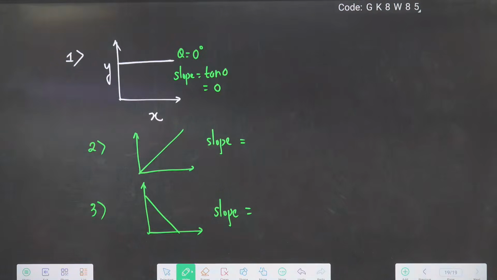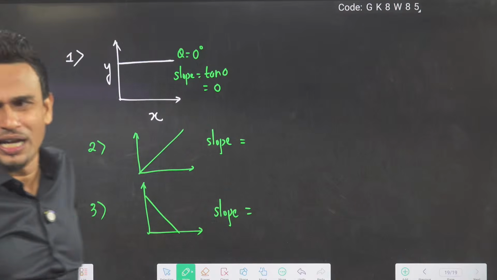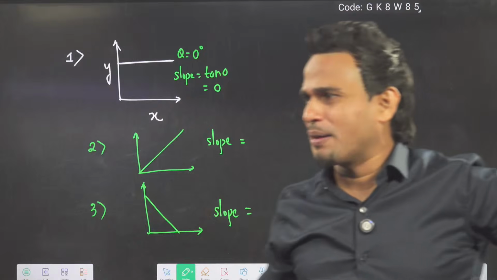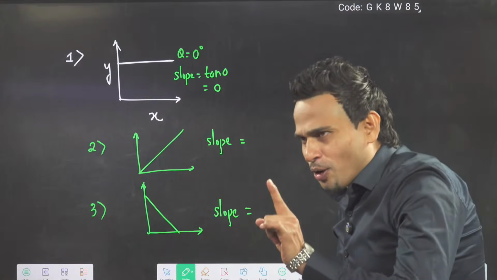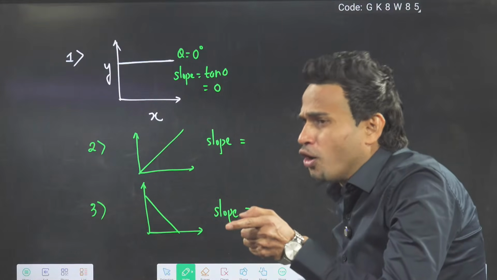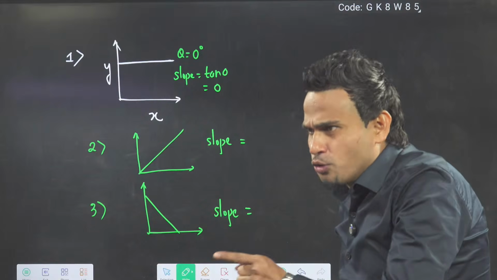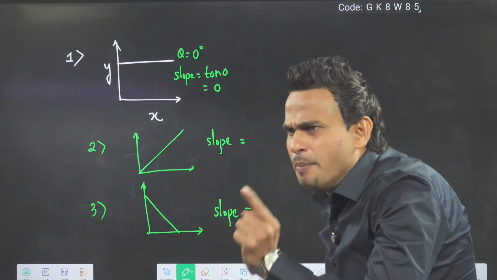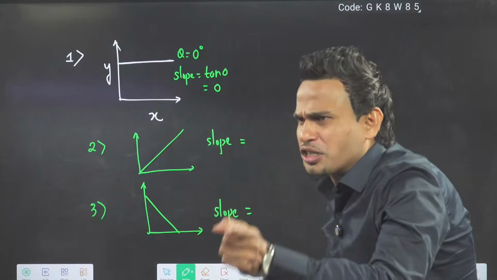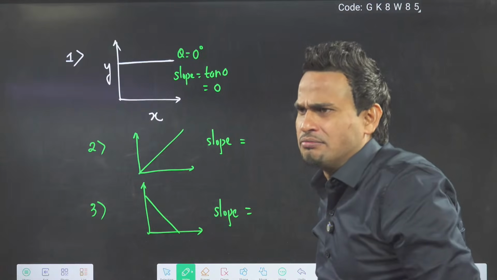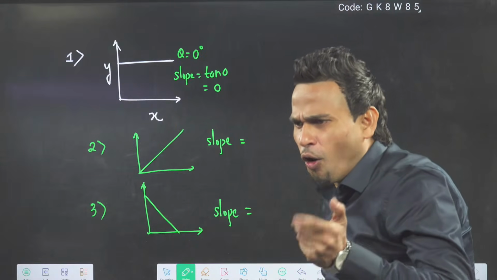Not positive and constant only, it is negative and constant. This is what will be used here. Your velocity will come positive and constant, or velocity will come negative and constant. So you cannot say only constant, only positive.